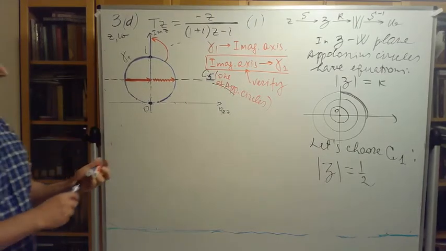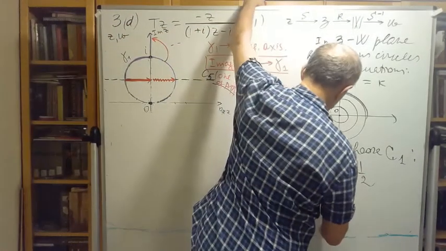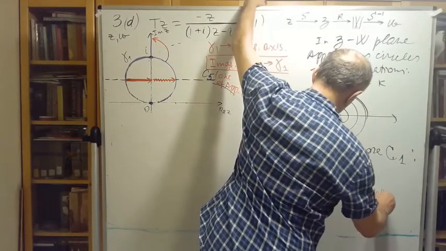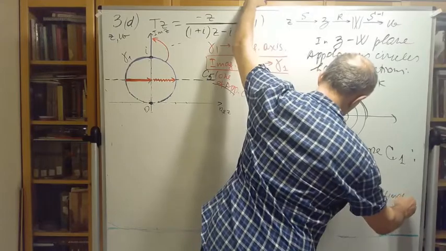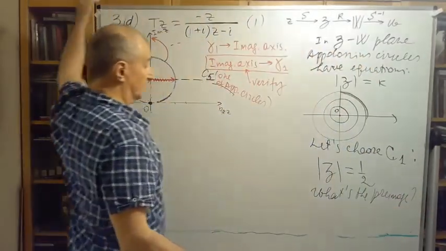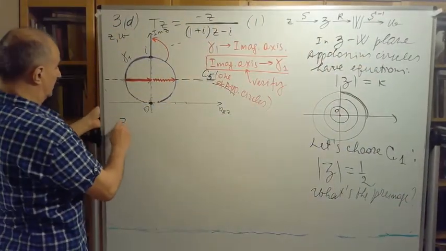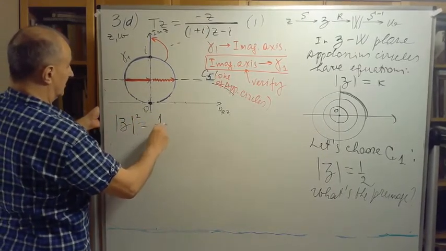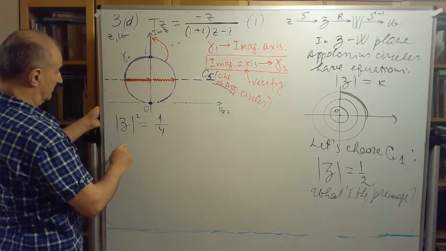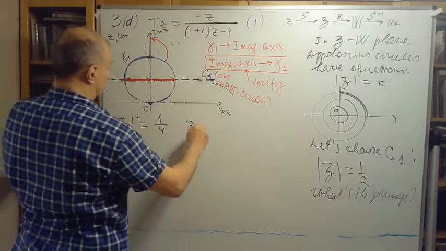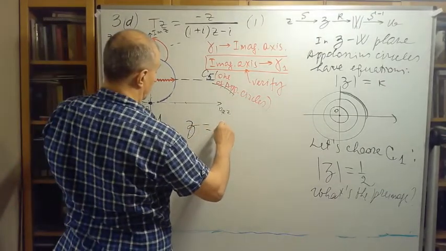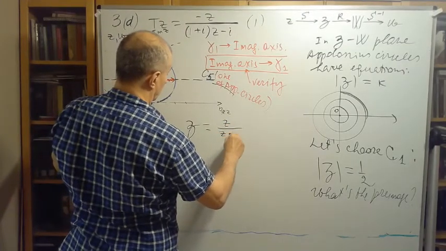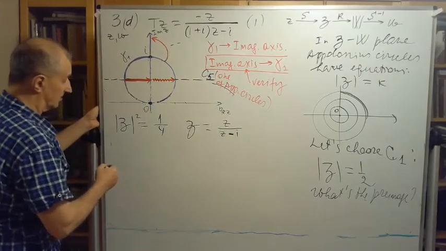Okay? What is the pre-image? I will say modulus z squared equals 1/4, and z is z over z minus I, right?